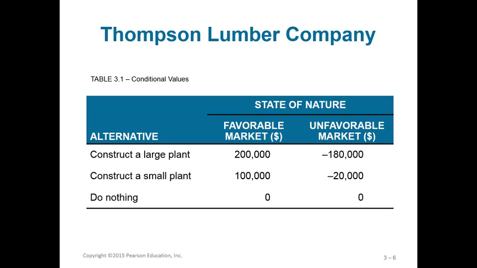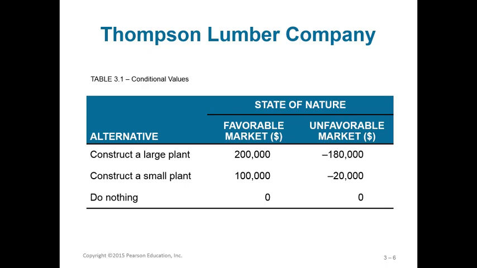On the other hand, if they just stay with what they're doing right now, they can expect to neither lose nor gain any money. That's fine. They would just be doing the same thing, but that would be the most cautious of those options.